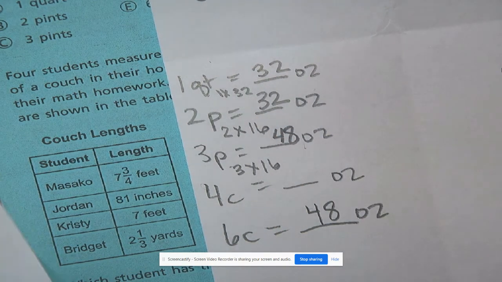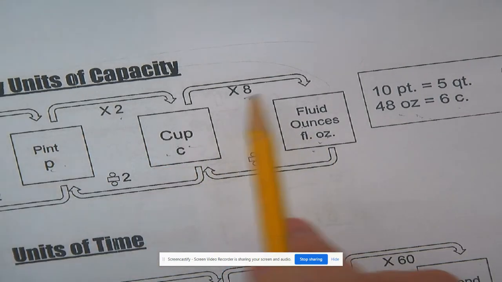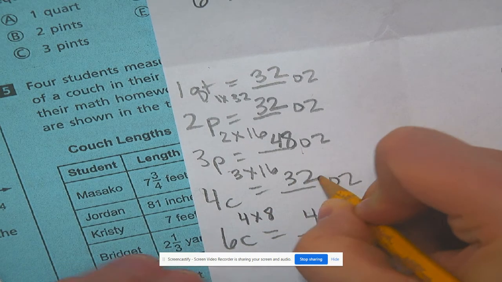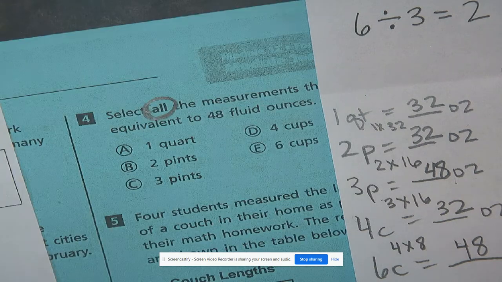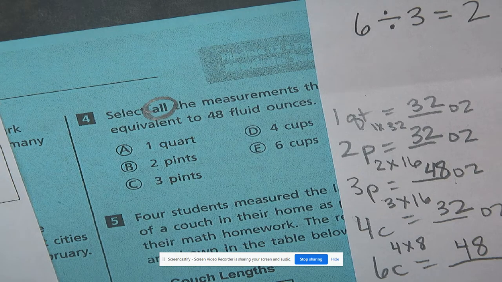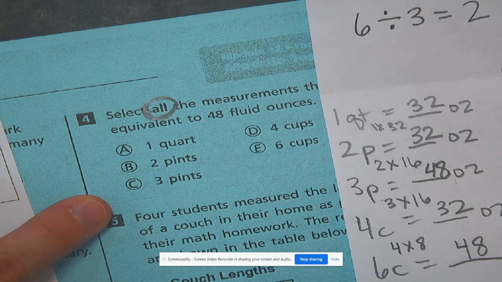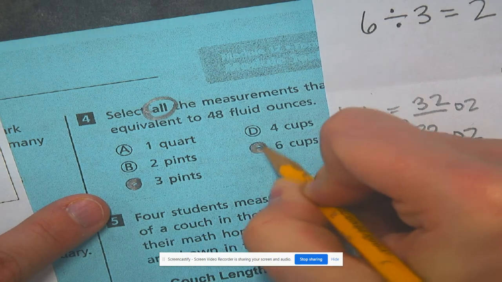Okay, now cups to ounces. How do I go from cups to ounces? Times 8. 4 times 8 is 32. Okay, let's go back. Which one's 48 ounces? 3 pints and 6 cups.